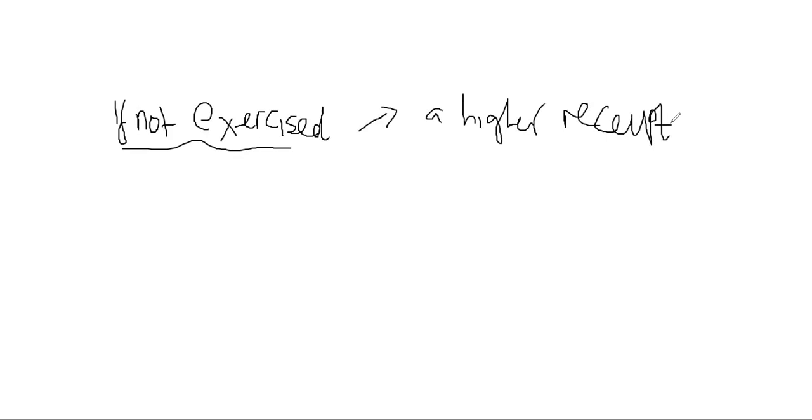We have a higher receipt. And we expect also the spot rate, which we are going to use, would actually move significantly to our favor.